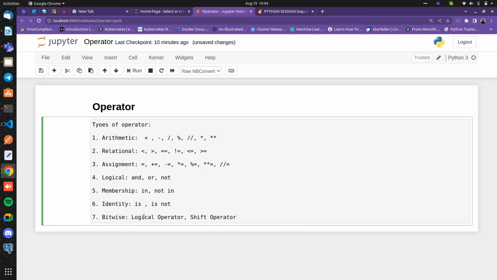Inside the logical operators, we have bitwise not, bitwise or. And inside the shift operators, there are bitwise right shift and bitwise left shift. Okay. So later we will discuss in the next session examples of arithmetic operators, examples of relational operators, and after that examples of bitwise operators. Okay.